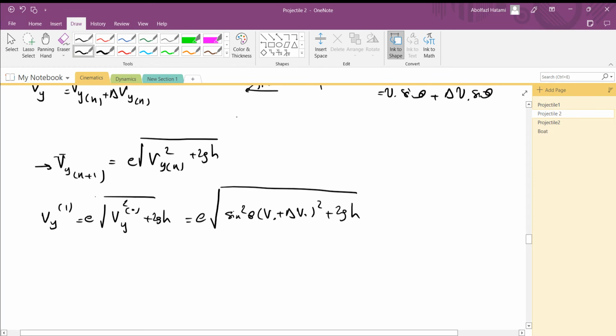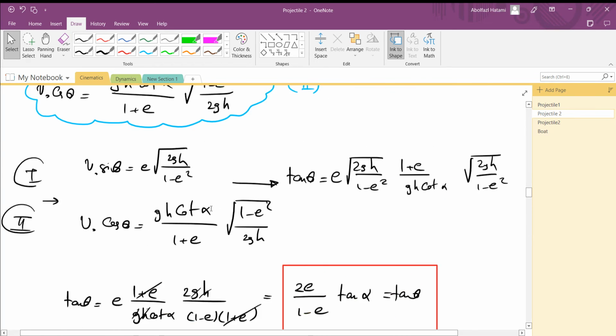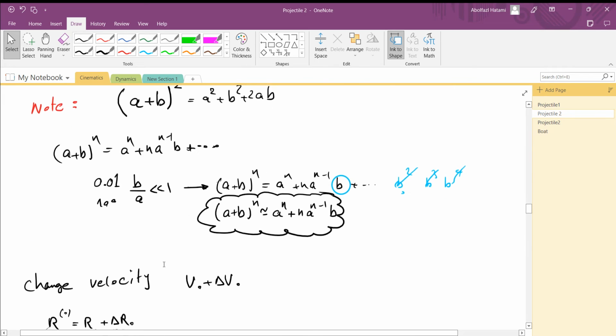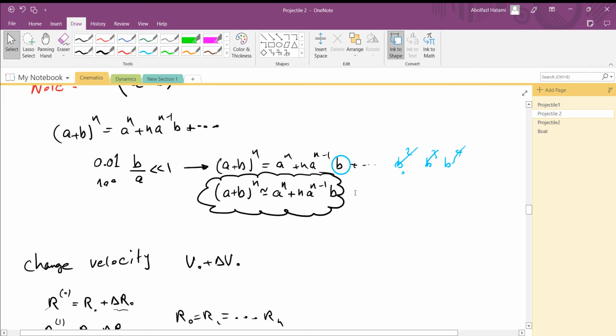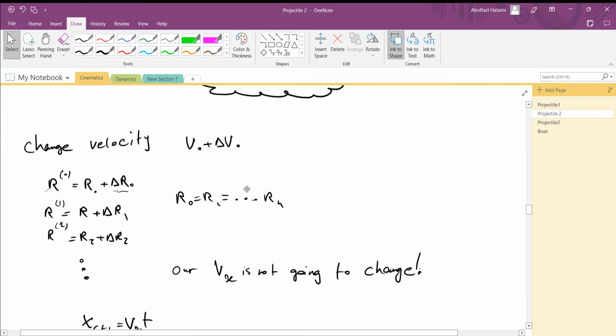And now we use the note that I talked about here, that if b over a is so small, we can actually neglect other terms, and just say that (a plus b) to the power n is just something like this.